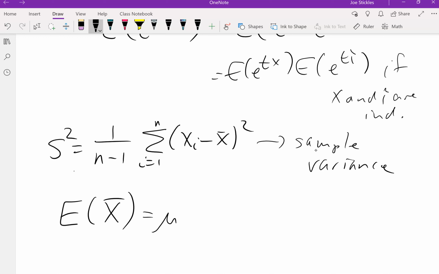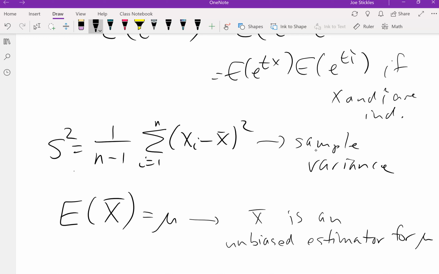Okay? What we refer to this is that if this is true, we say that x bar is an unbiased estimator for the mean. Oops, that's a mu.